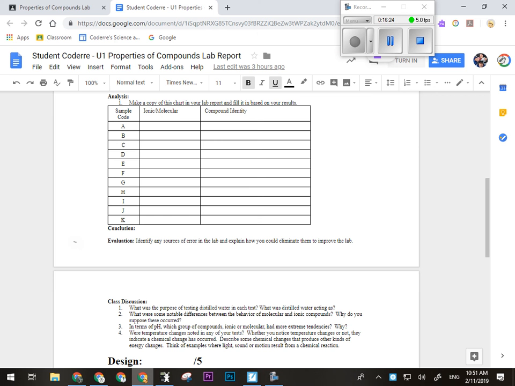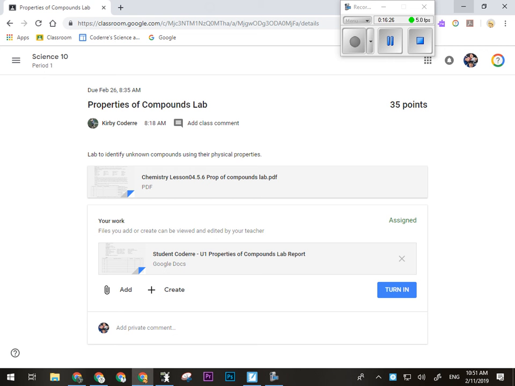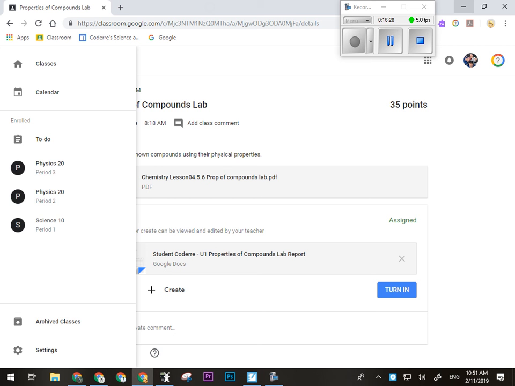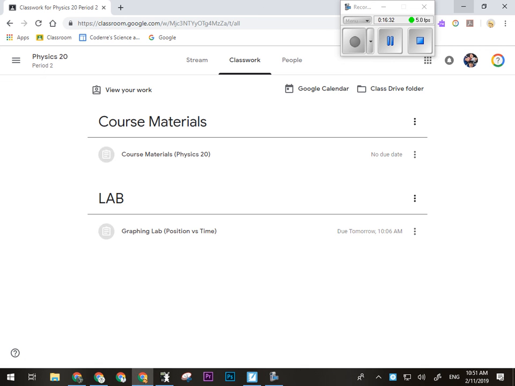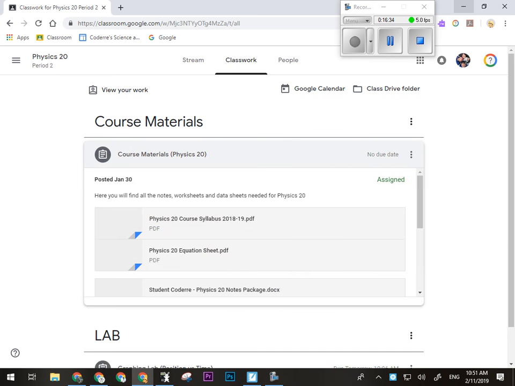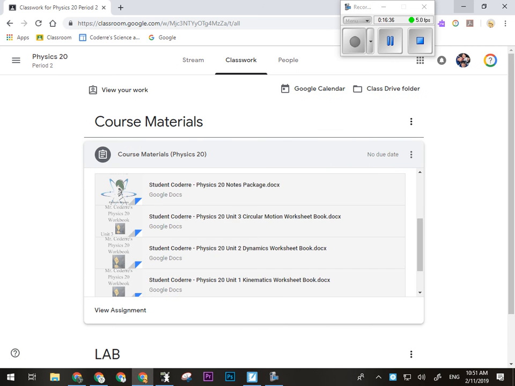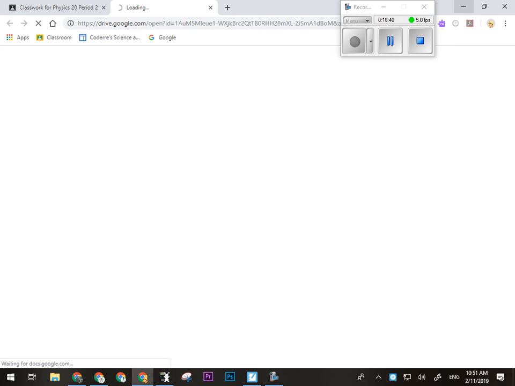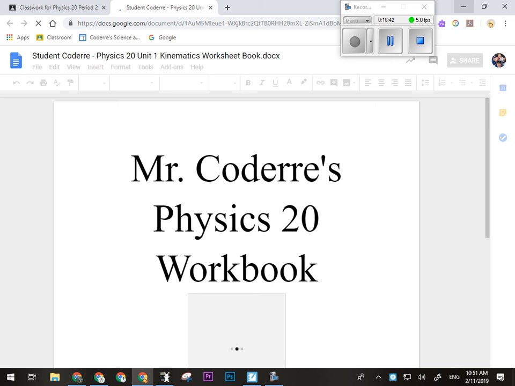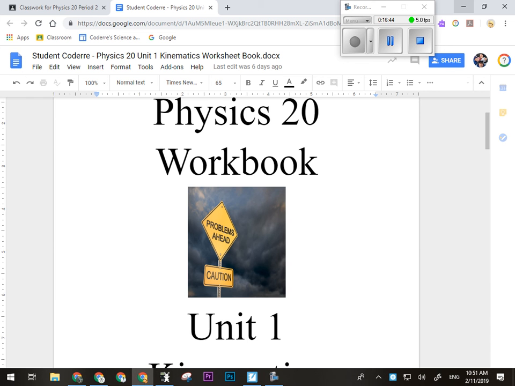So what I want you working on right now, if you go into your workbook for Unit 1, the kinematics worksheet book, I think we're going to be on page 5-ish.